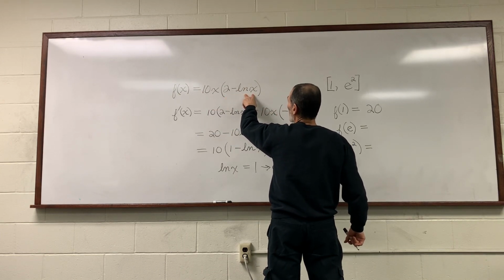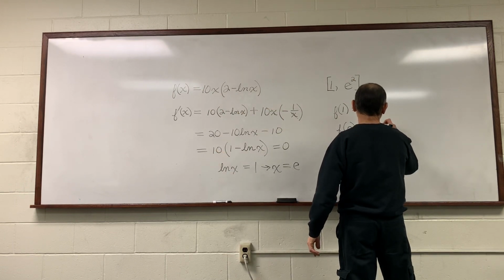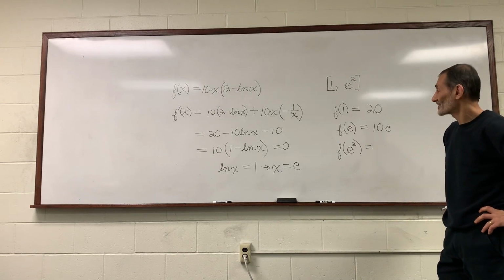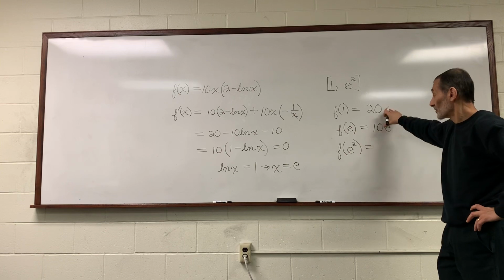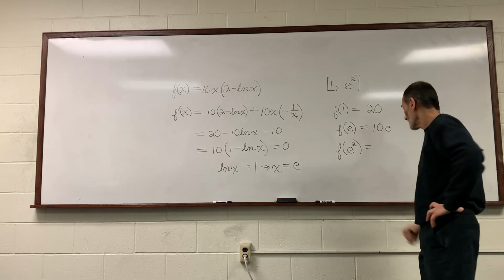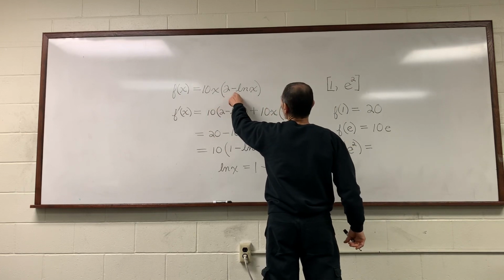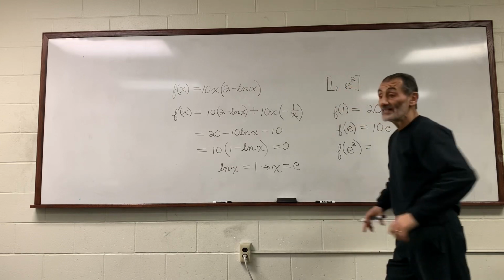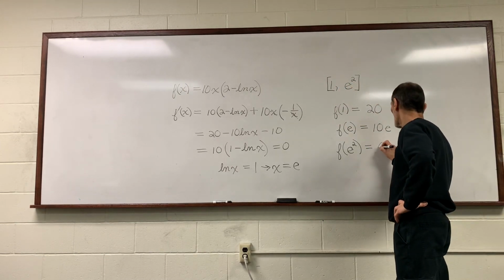The log of e is 1, so we have 10e times 1, 10e. Now you know that e is approximately 2.7. Therefore, this value is approximately 27, greater than that value. F of e squared, 10e squared times 2 minus the log of e squared. Right, the log of e squared is 2. So you have 2 minus 2 is 0. F of e squared is 0.